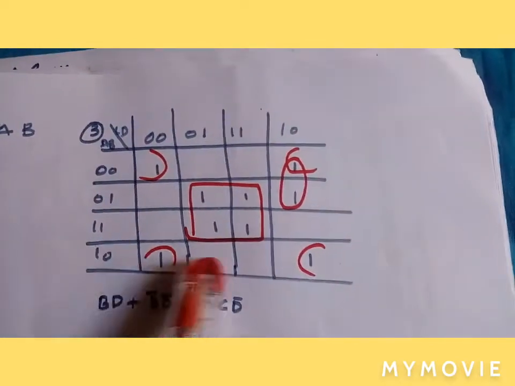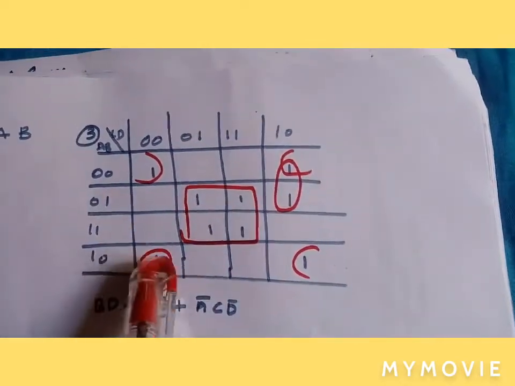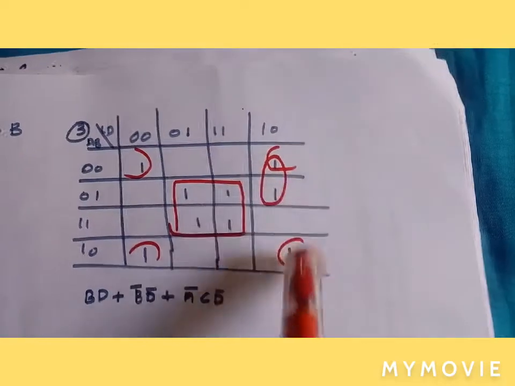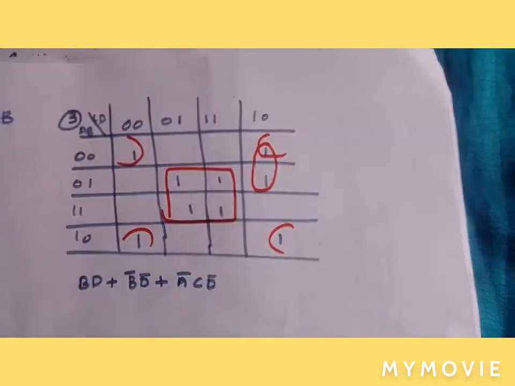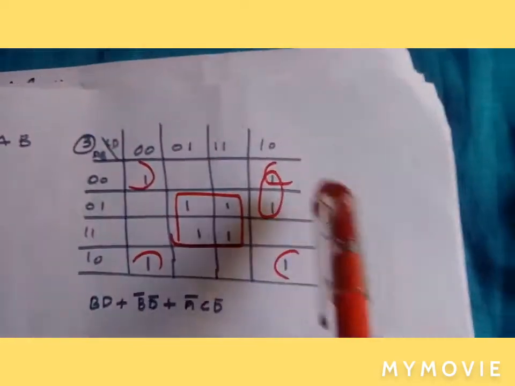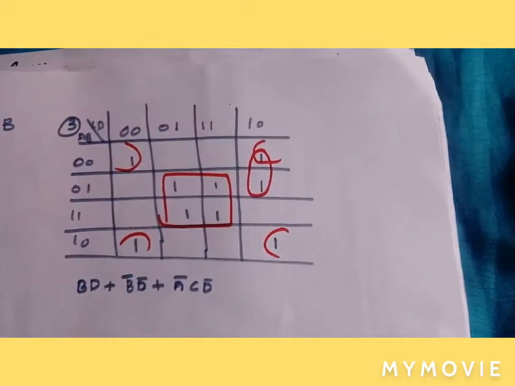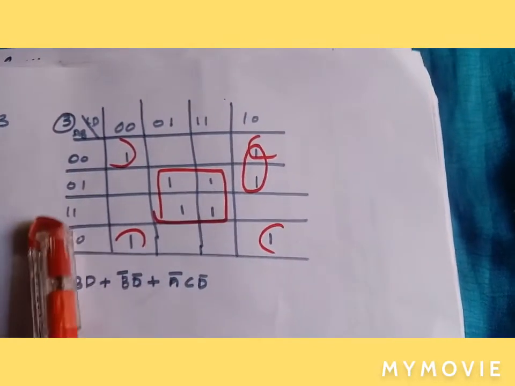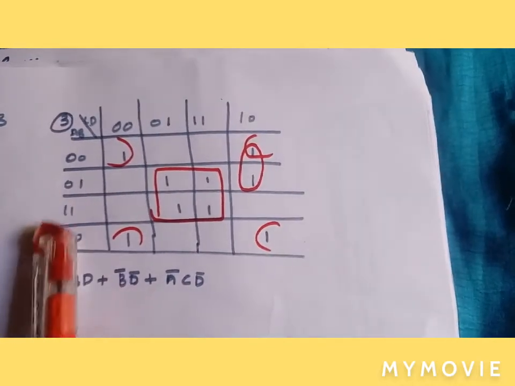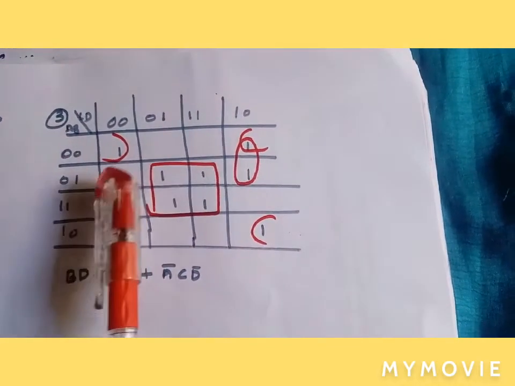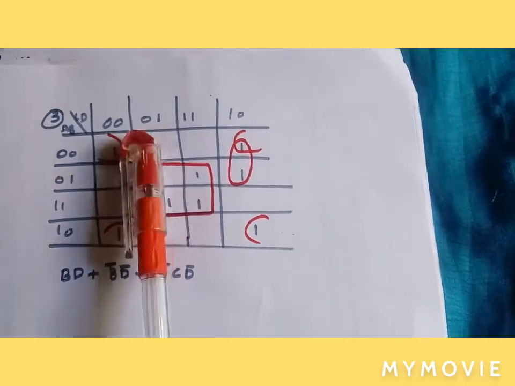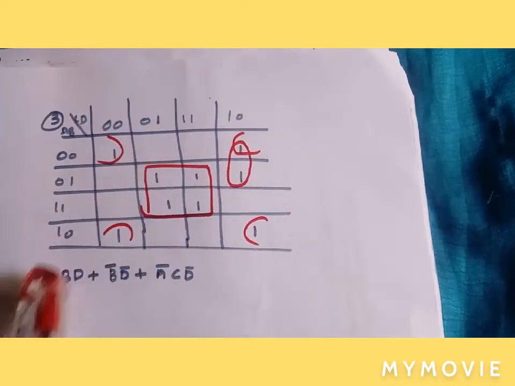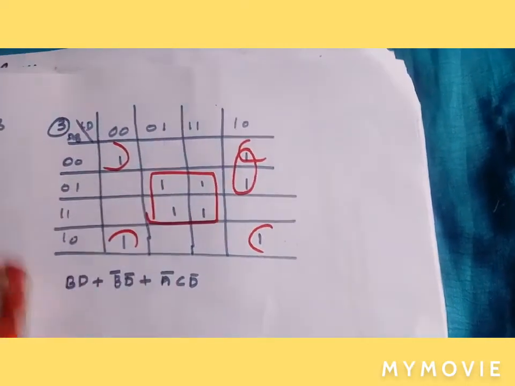Here in this question we know that there is a quad. Here also one quad, where each corner has a 1. That represents one quad. And here one pair. Okay, so we can represent this quad: A changes, B is not changing, that is B, and C changes, D is not changing, so this quad is BD.